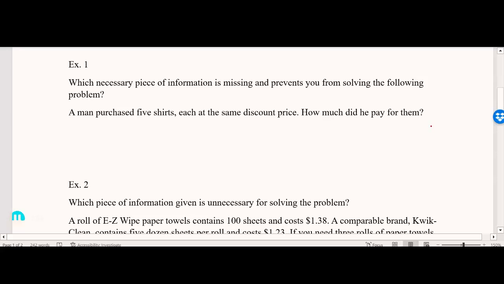Actually, this one, we're not going to solve anything. It's which necessary piece of information is missing and basically prevents you from solving the problem. So you're given this. A man purchased 5 shirts, each at the same discount price. How much did he pay for them? Well, we know he bought 5 shirts. That's what I know. But how can I figure how much he paid for them? What am I missing from this problem?